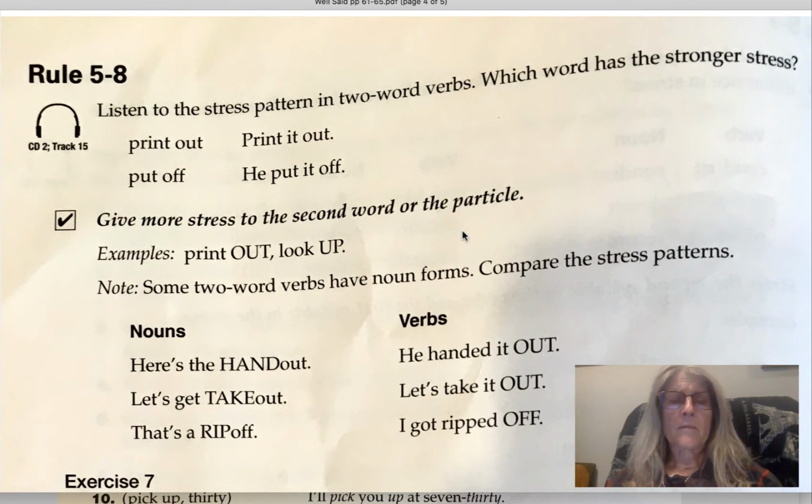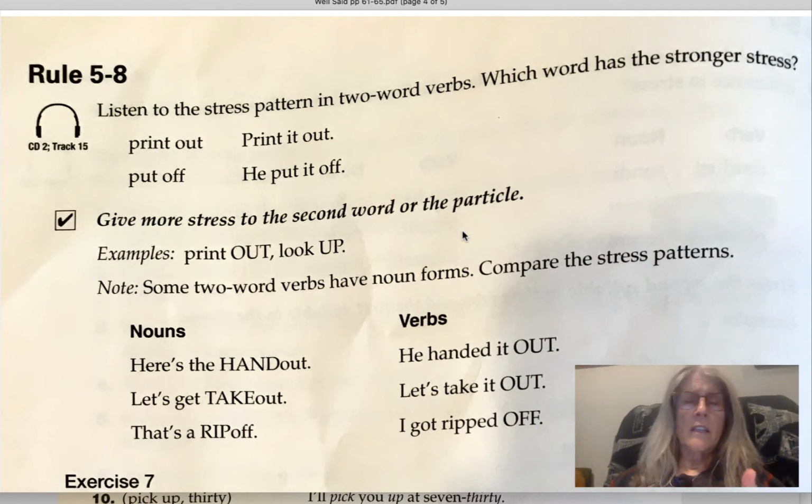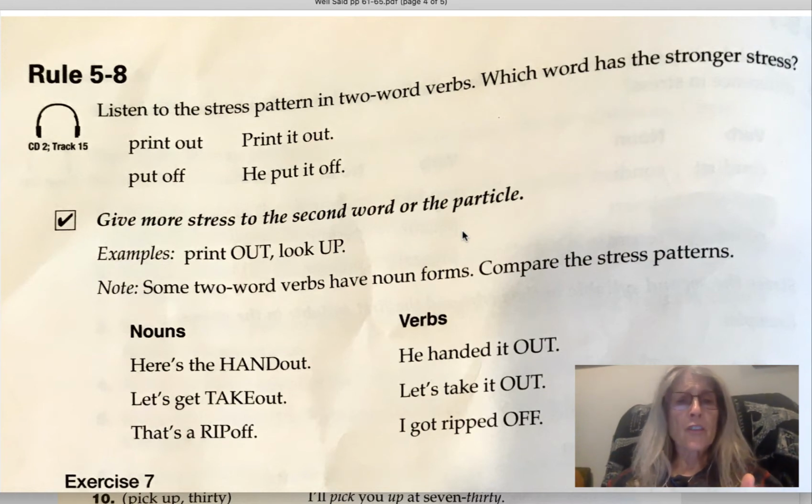put off, what do you hear the stress? Okay, print out, put off. You should hear it on the second syllable. Print it out, he put it off, okay? Give more stress to the second word, or the particle. Usually the particle is a preposition, right?